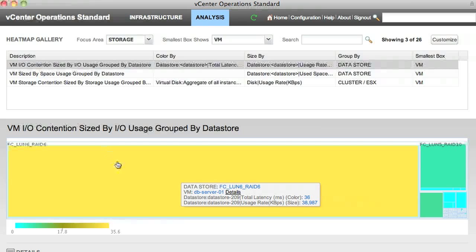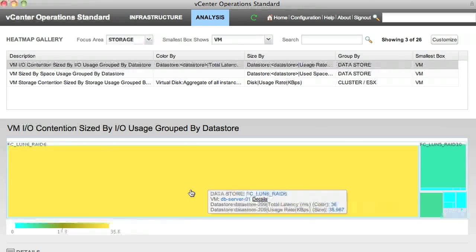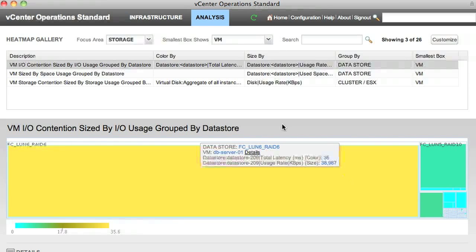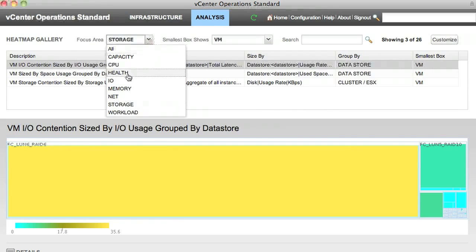Now, the other thing we can take a look at is that there's a specific VM that's driving all this traffic. In fact, one VM has essentially all the throughput on this one data store. So again, this visualization allows you to quickly identify who the largest users are based on any type of metric you want, whether it's storage, network, memory, CPU, health, what have you.